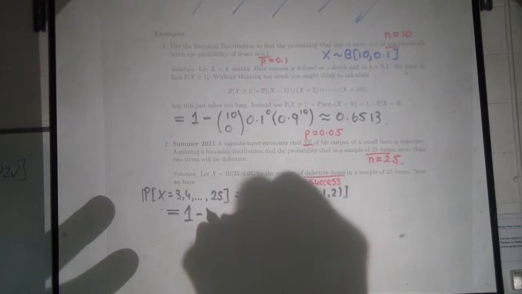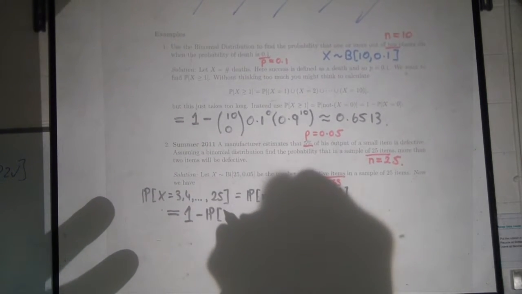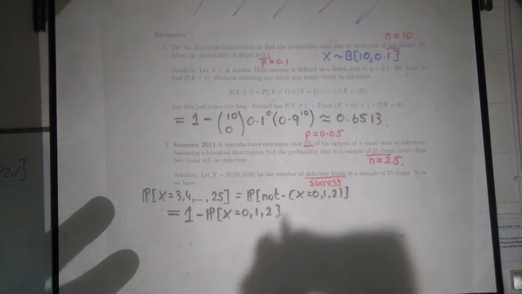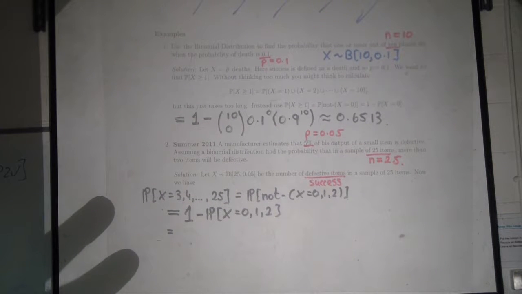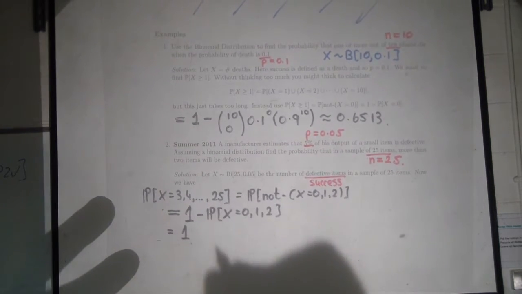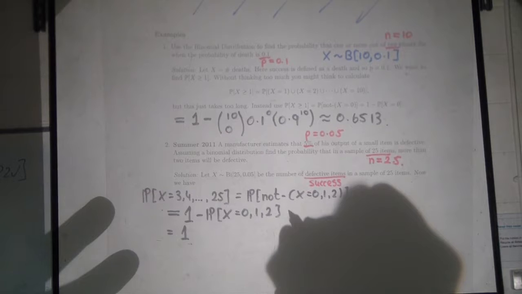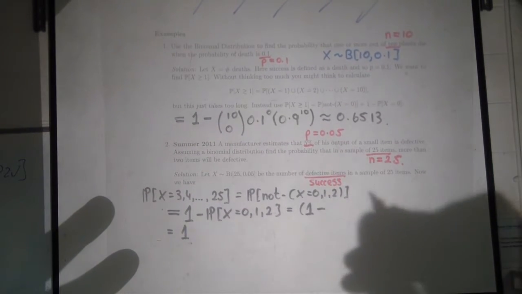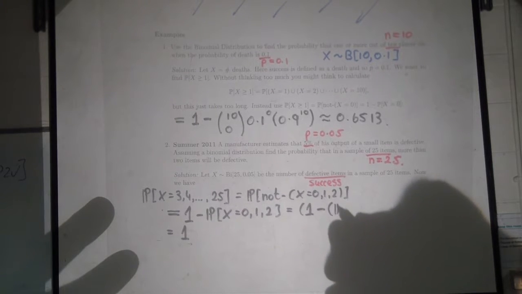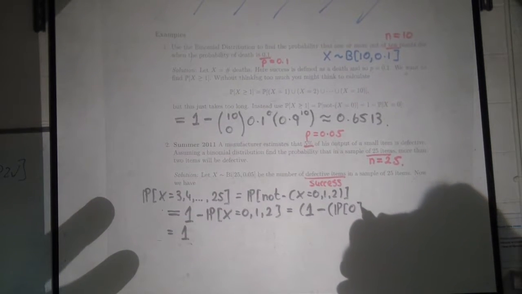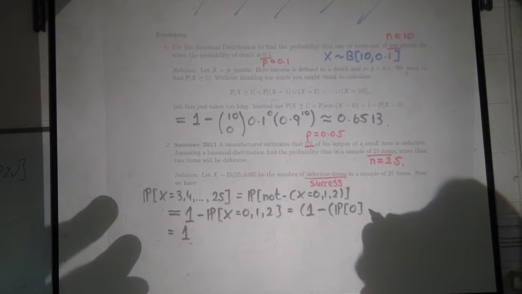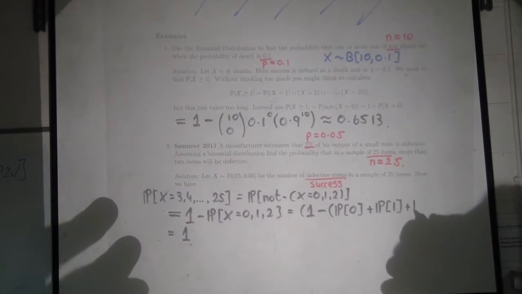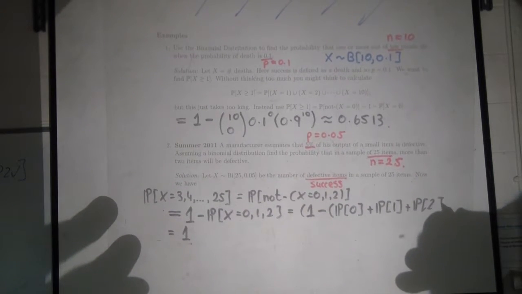So this is 1 minus the probability that x is equal to 0 or 1 or 2. What does or mean? Plus. Now I'm going to run out of space, so maybe I'll just do it here. So this is 1 minus the probability x equal to 0 or 1 or 2.